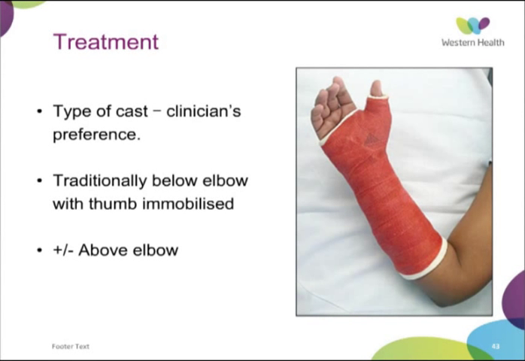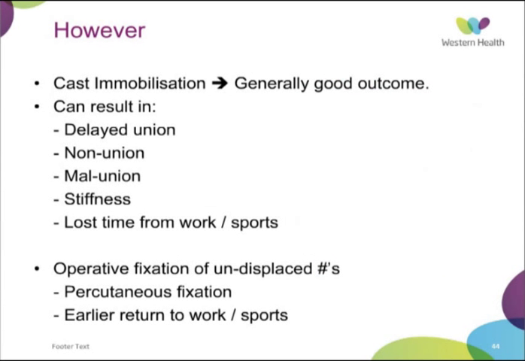The theory with this is that there have been cadaver studies where they've done an osteotomy of the scaphoid, and they found that even with a below elbow cast with the thumb immobilized, there's still movement at the fracture site with pronation and supination. So an above elbow cast will stop that.